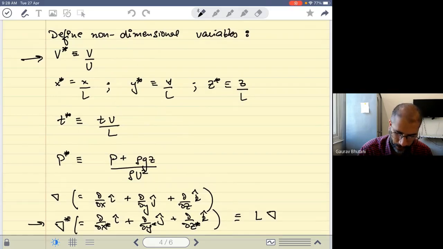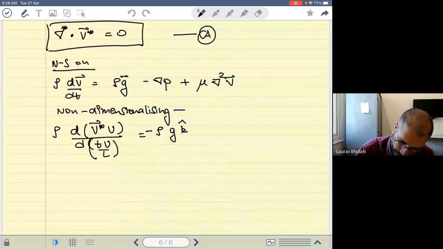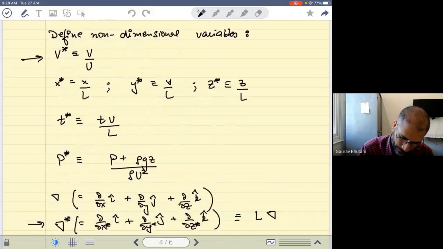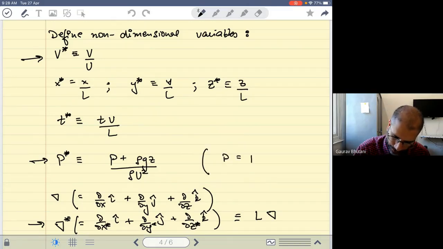Here we wrote grad star as L times grad, so the grad operator becomes 1 by L times grad star. And pressure, let's check again. We can write P as P star times rho u square.